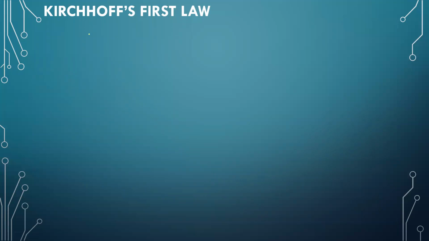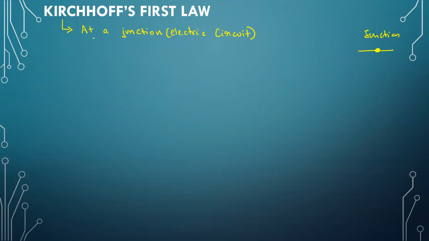Kirchhoff's first law is something that we just now saw, right? So at a junction in an electric circuit, remember, a junction has to be shown with a symbol; I should have added it in the first place. So it will be shown like this. That's a junction.